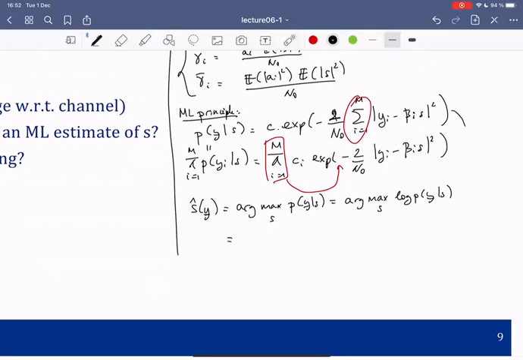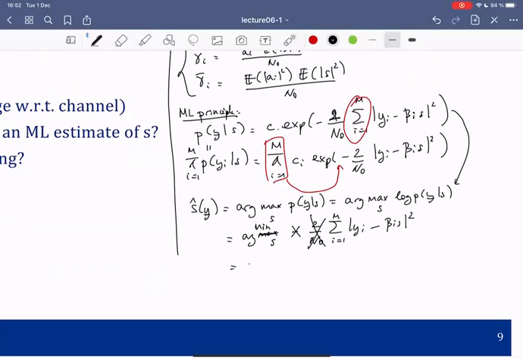I can then plug in whatever this function is here. So this is arg max over s of minus 2 over N naught sum i from 1 to m of yi minus beta i s squared. Good, then this is just a constant, and I can replace this by using minimum instead of maximum.